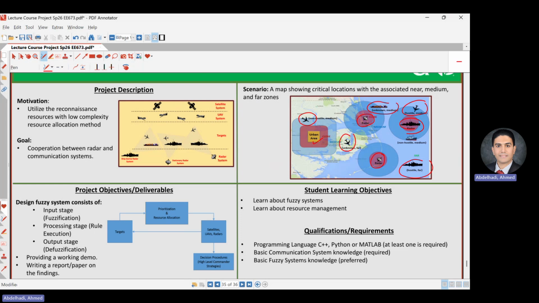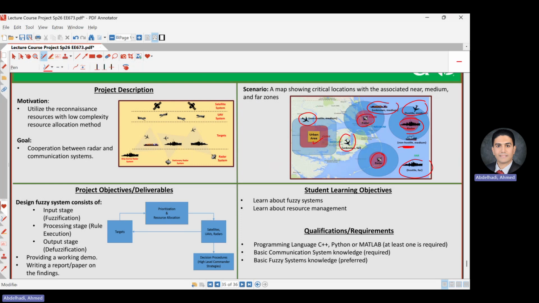Now these objects might be something you are familiar with, so you know it's non-hostile. For example, it's a commercial ship, and it's far away from your other ships, your radar, or your shore.